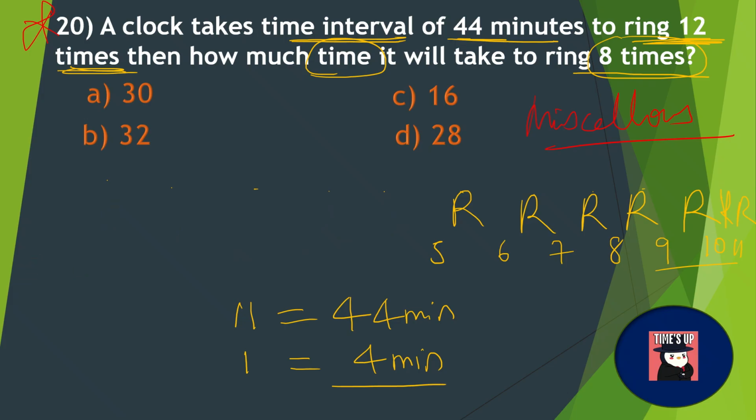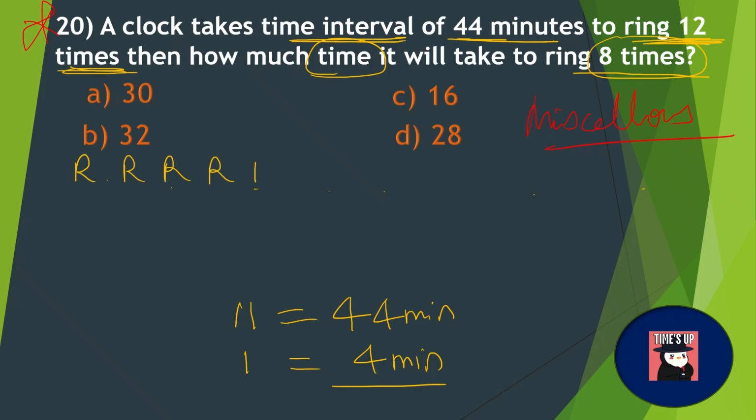So here I'll draw it again, because there you can't see. 1, 2, 3, 4, 5, 6, 7, 8, 9, 10, 11, 12. 12 times, correct?